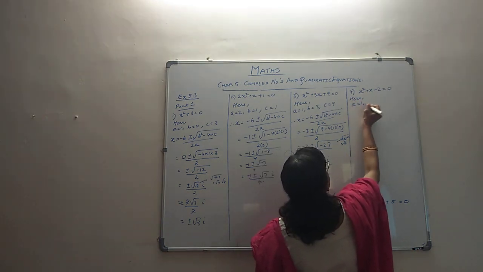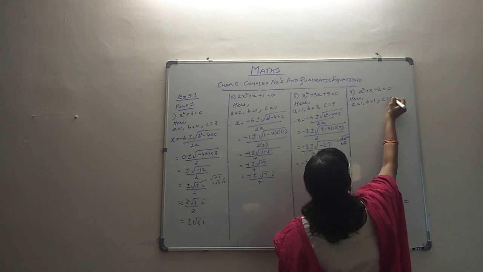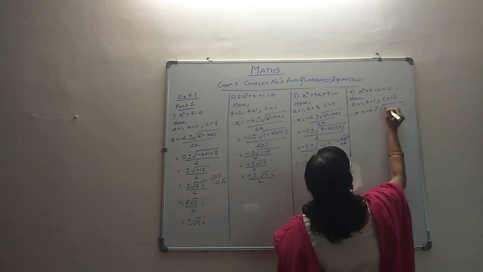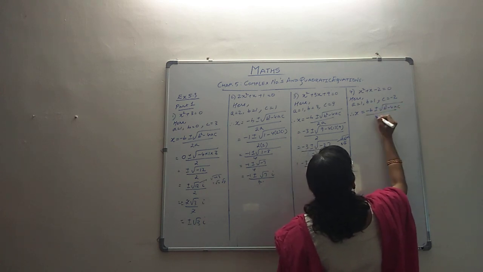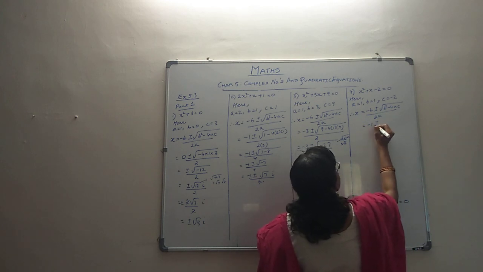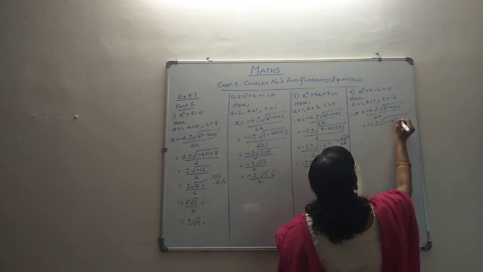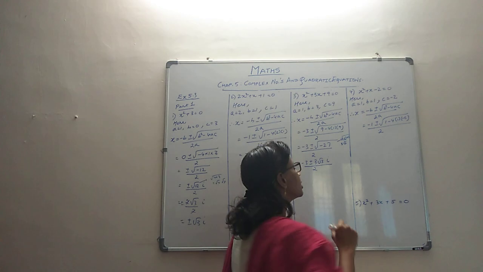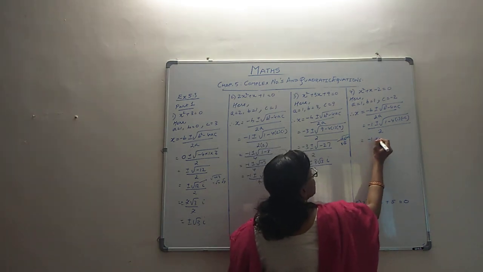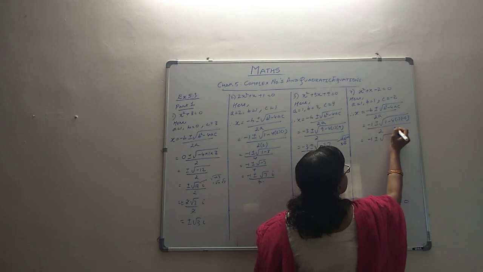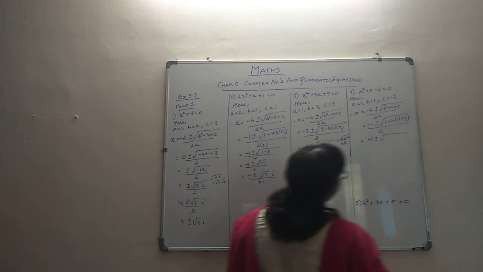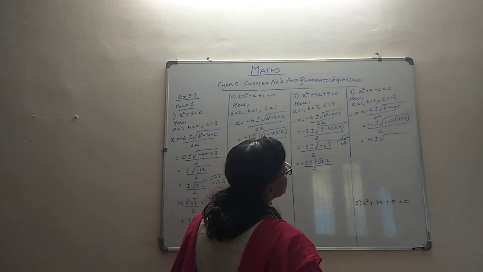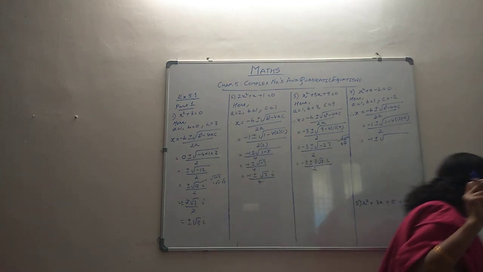Here a is 1, b is 1 and c is minus 2. How do we get the x value? It is minus b plus or minus root of b² - 4ac by 2a. Minus b is minus 1, plus or minus b squared, 1, minus 4 into 1, c is minus 2, by 2a, which is 2. Let me check the question, the fourth one.